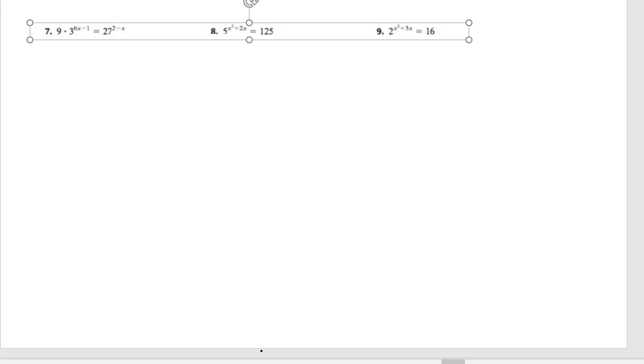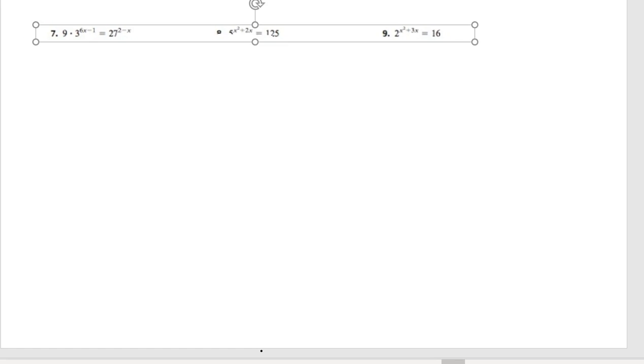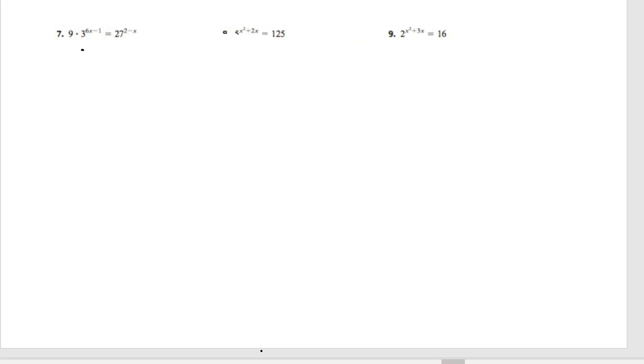Problem number 7. Now, this time we can see that our base for our exponent here is going to be 3 on the left, and on the right is 27. We want to have the base be the same. So I'm not going to worry about the 9 right now. I'm just going to worry about the base. So I have 3, and then it's raised to the 6x minus 1.